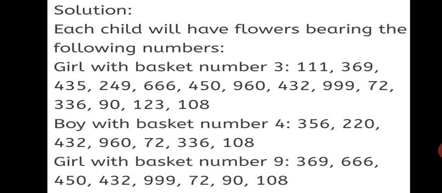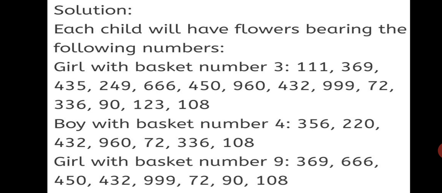Girl with basket number 3 will have 111, 369, 435, 249, 666, 450, 960, 432, 999, 72, 336, 90, 123 and 108 in her basket. These flower numbers will go in her basket with basket number 3.